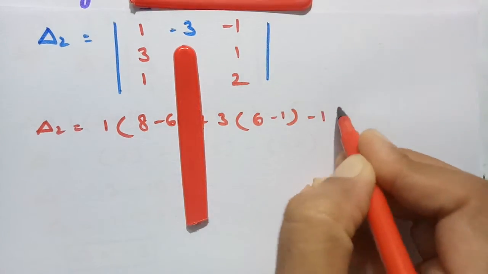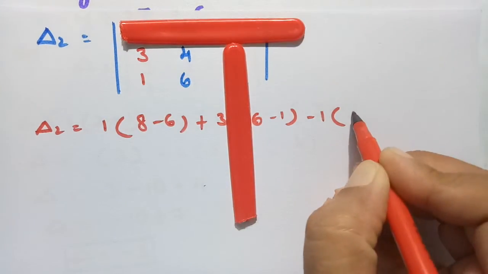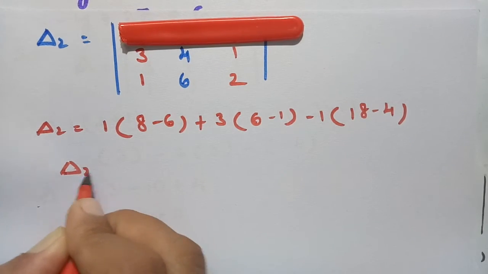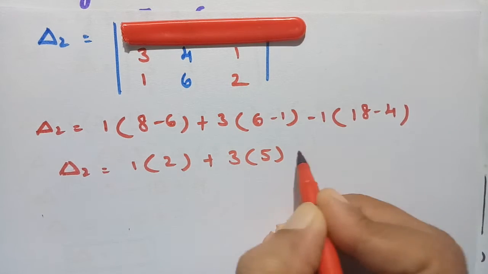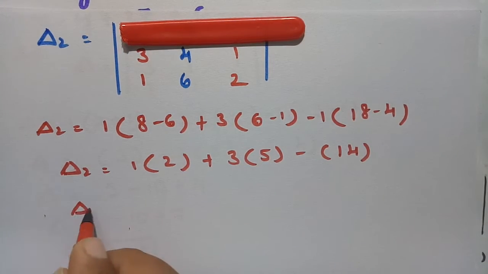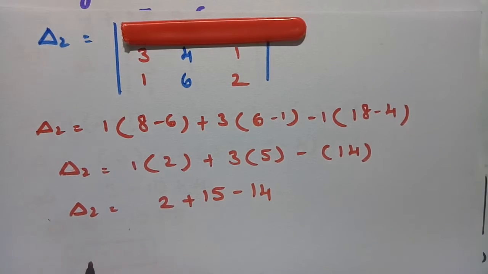The next one is minus 1 times: closing this row and column, 3 6s are 18 minus 4. So our delta 2 value is 1 times 2 plus 3 times 5 minus 14. So our delta 2 value is 2 plus 15 minus 14.